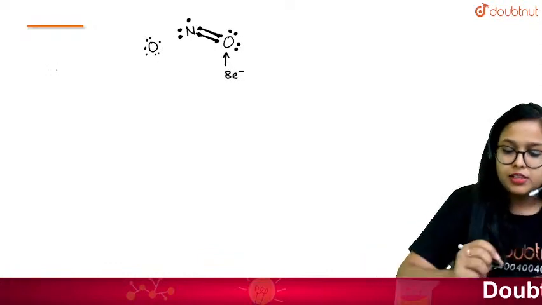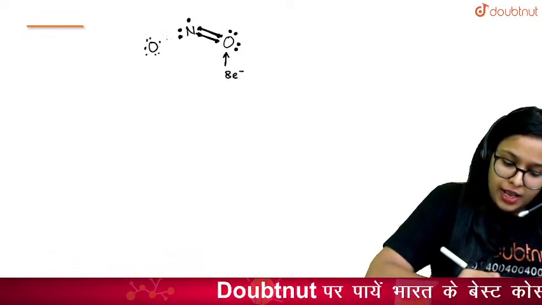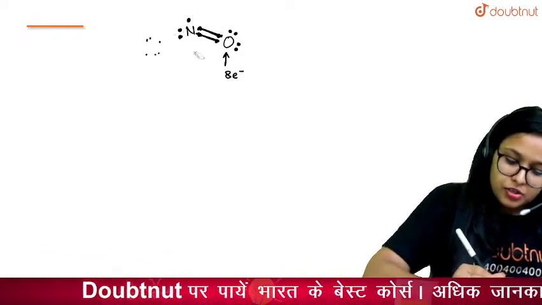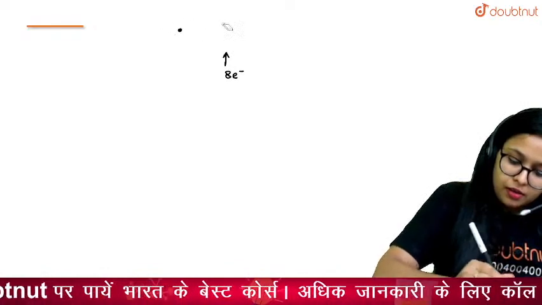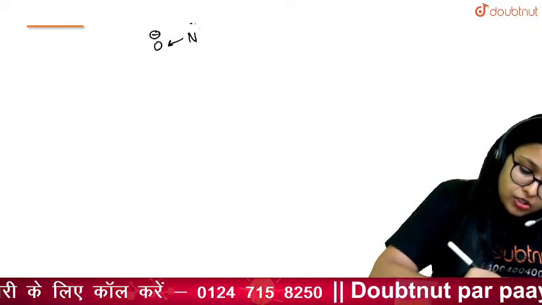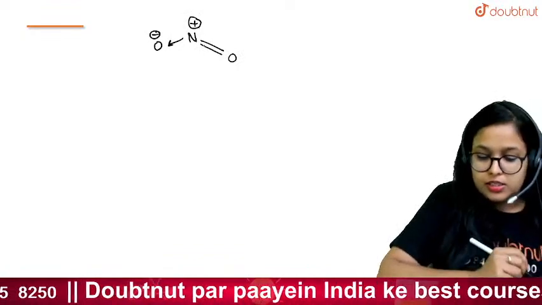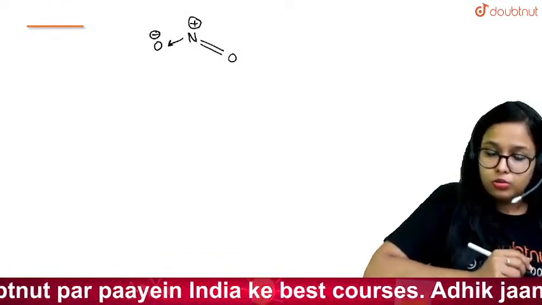Now what happens is a coordination bond is formed between your nitrogen and your oxygen, and oxygen gets a negative charge, nitrogen having given one of its electrons, and this is the structure of your NO2 minus.